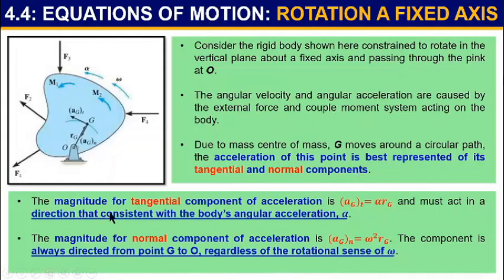The magnitude of the tangential component of acceleration is AGT equal to alpha RG, and it must act in a direction consistent with the body's angular acceleration alpha. The magnitude of the normal component of acceleration is AGN equal to omega squared RG. This component is always directed from point G to O, regardless of the rotational sense of omega.